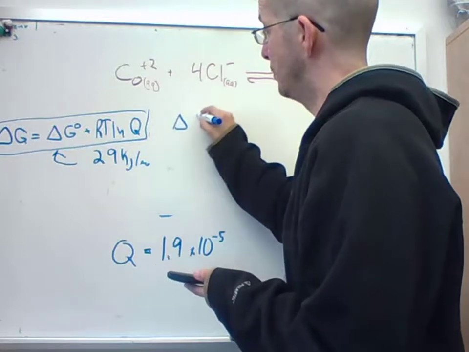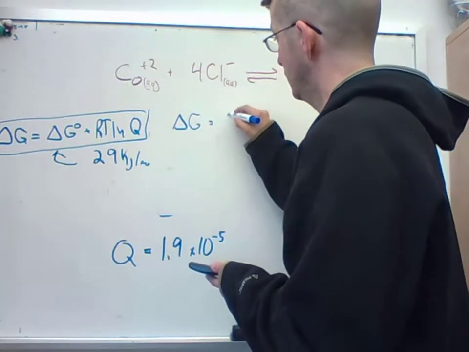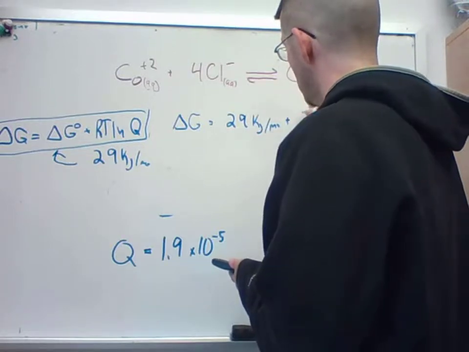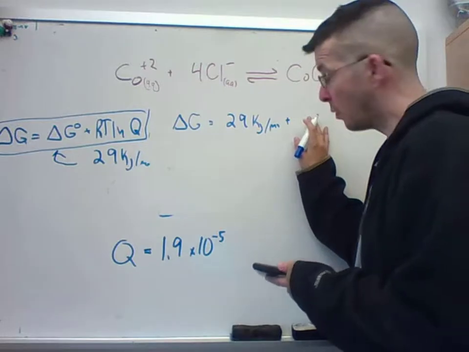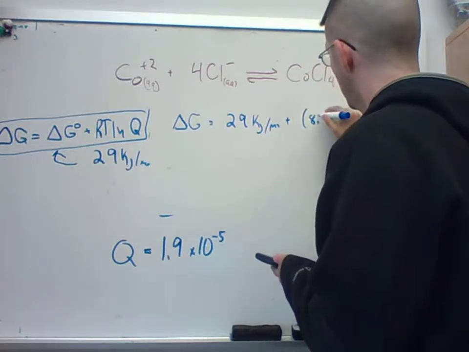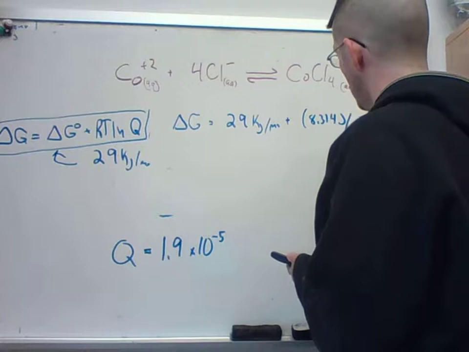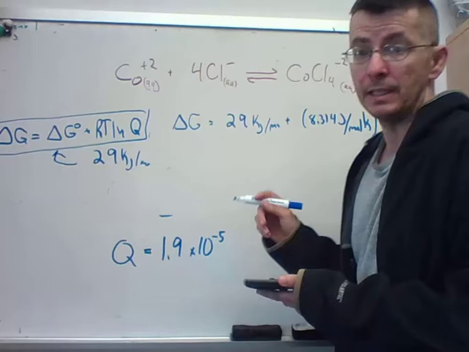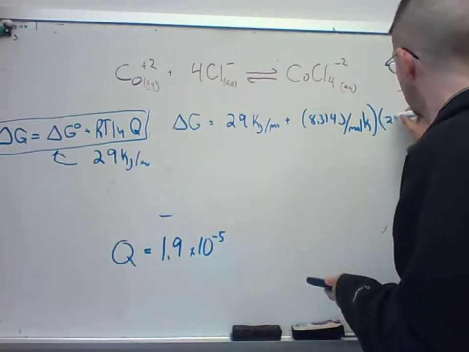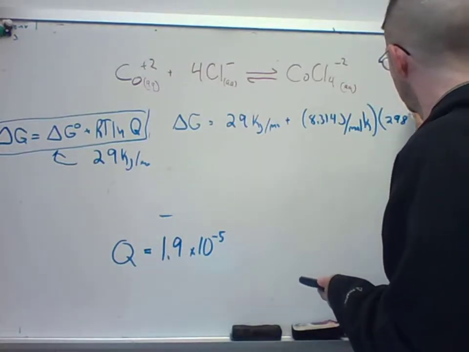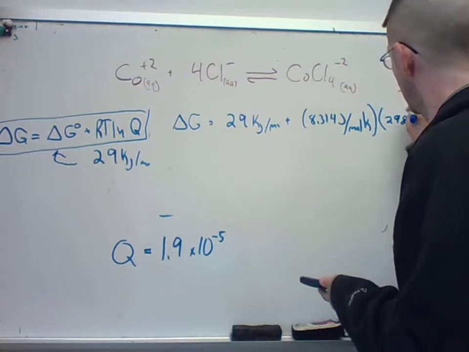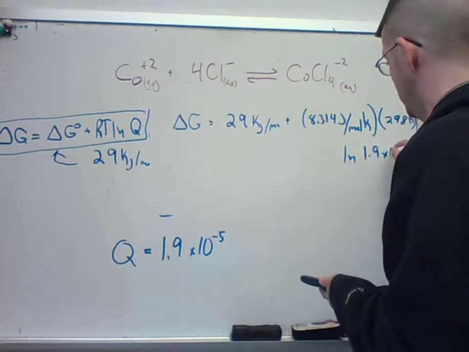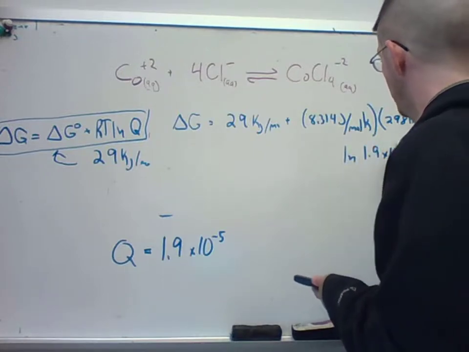And so the delta G of the reaction will equal 29 kilojoules per mole plus R, 8.314 joules per mole Kelvin times T, in this case 298 at 25 degrees, times the natural log of 1.9 times 10 to the negative 5th.